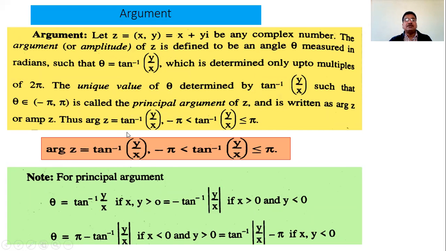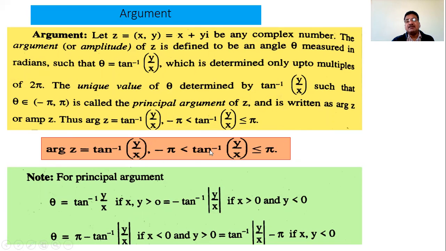So what is the notation for principal argument? arg z, read as argument of z, or called principal argument of z. And what is the definition of the principal argument of z? It is tan inverse y by x, where this value lies between minus pi and pi.